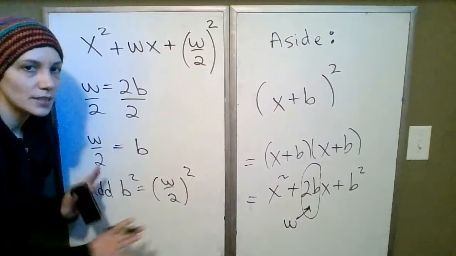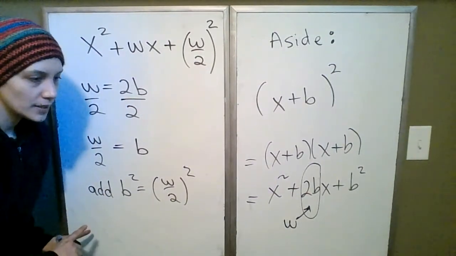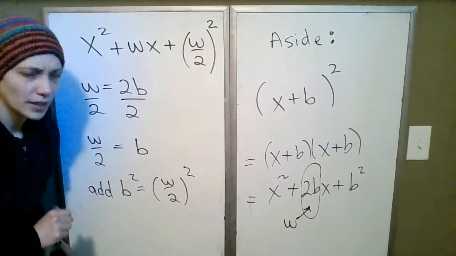Okay, so this is all just on the side. We need to go back to the steps of how to use completing the square to get your 2 solutions. Yeah, there should be 2 solutions.